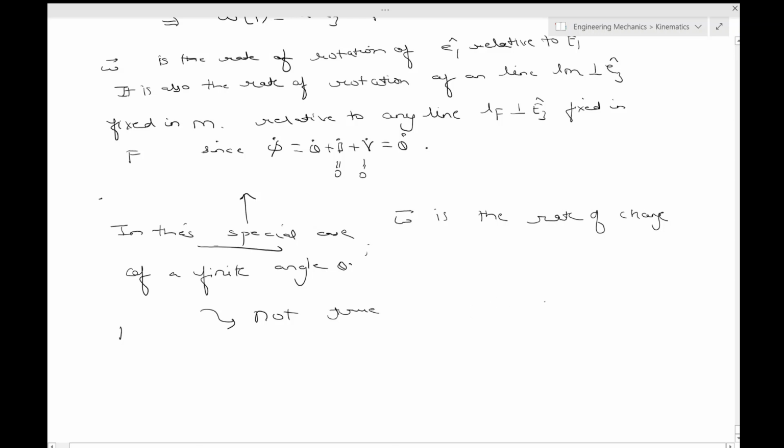Spatial motion means the rigid body is moving in 3D, then omega is not the rate of change of a finite angle. So omega is not equal to theta dot in that case. This is something you should remember, that all this is only true for a planar motion.